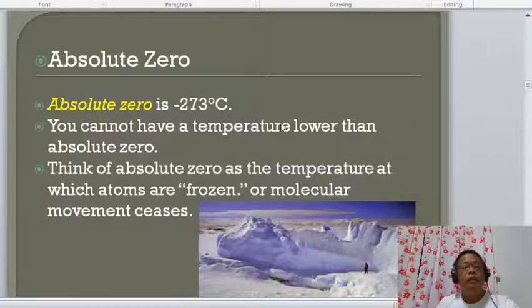You cannot have a temperature lower than absolute zero. Absolute zero is the lowest possible temperature that may be reached, of course. But below absolute zero, that is impossible.